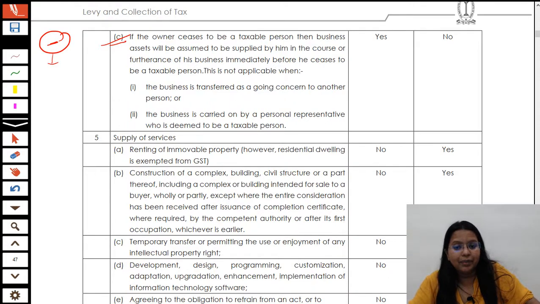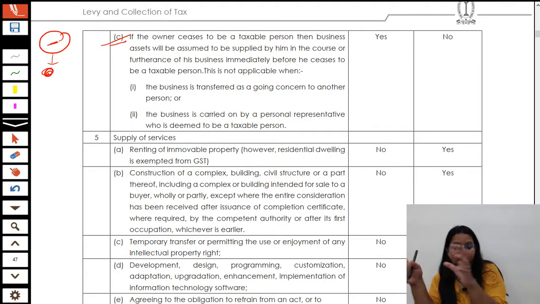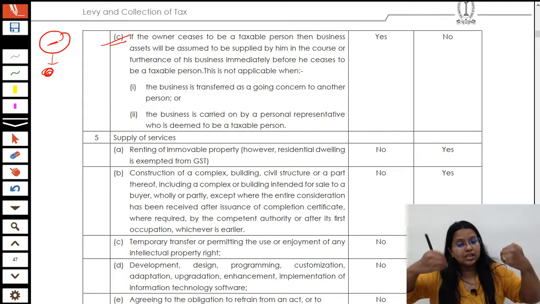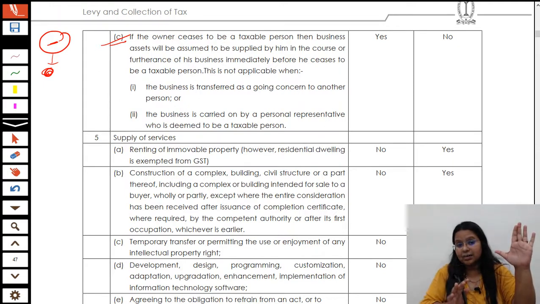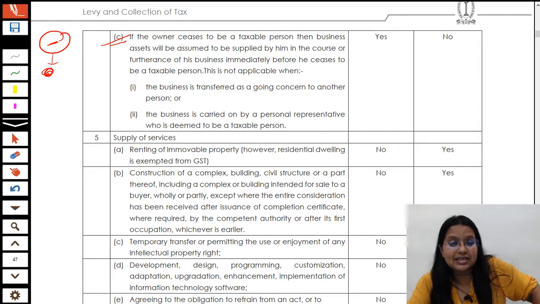So after becoming a non-taxable person, the business assets, if a person who is a taxable person now ceases to be a taxable person but becomes a non-taxable person, it will be assumed that that person has supplied those goods in the course or furtherance of business. So in this case we will consider it as supply of goods.